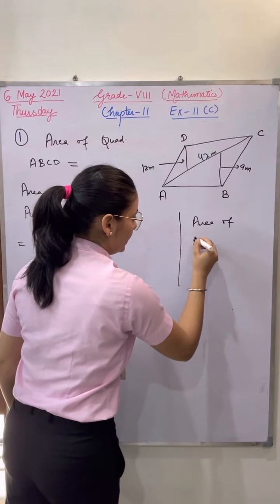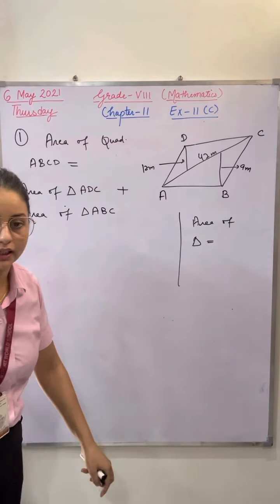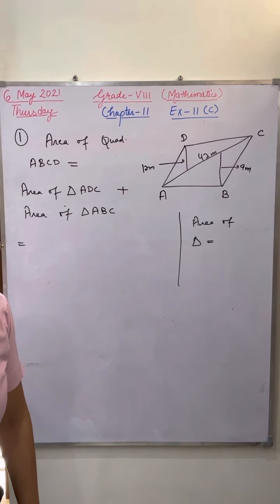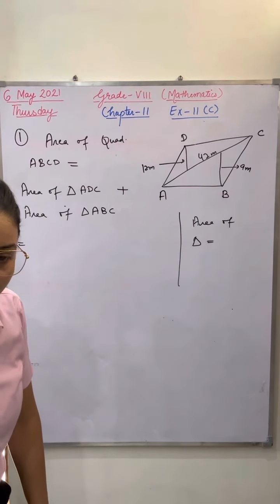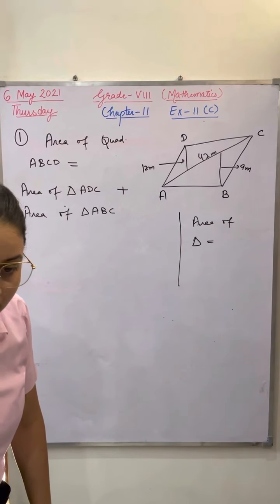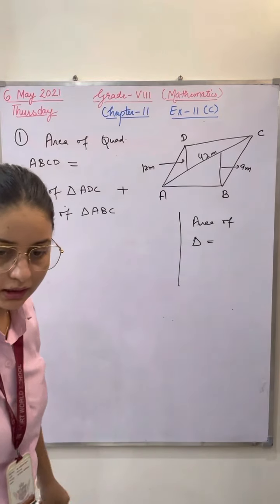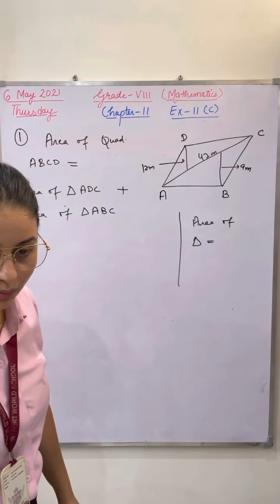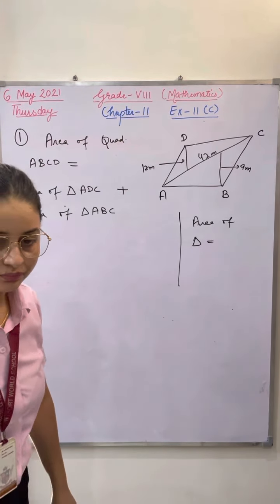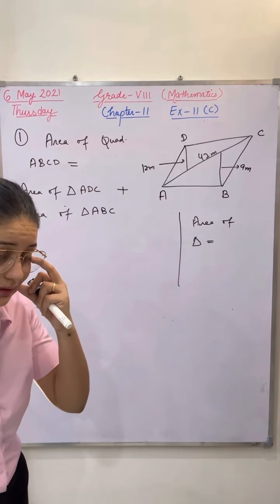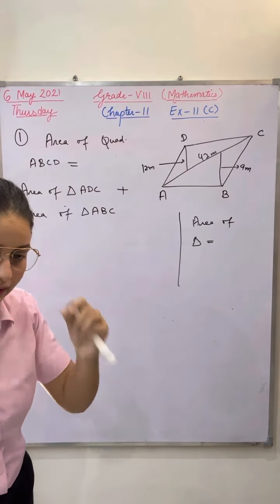Everyone, what is the formula of area of a triangle? Quickly. Area of triangle. Hardik, very good. Manvi, Nirav, yes. Nirav, check it out once again. Chaitanya, very good. Rasham, no. Sides are not given to you. Base and height is given. So what is the formula?